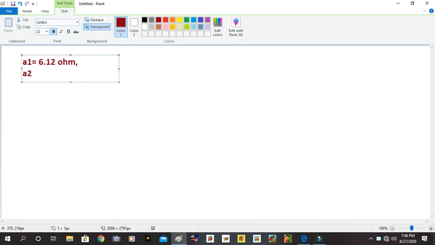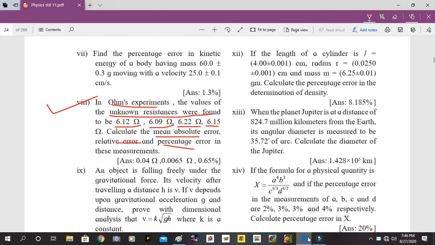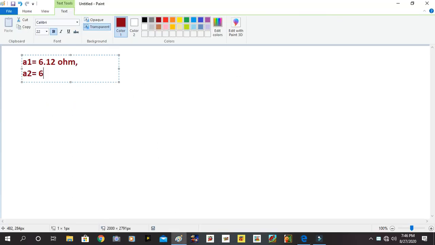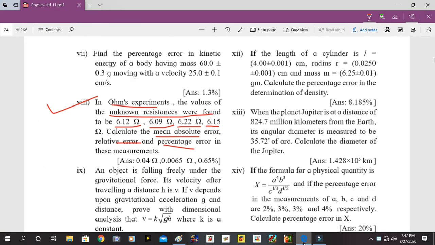A2 is equal to 6.09 ohm. A3 is equal to 6.22 ohm. And finally, A4 is equal to 6.15 ohm. Once you will just check the values.